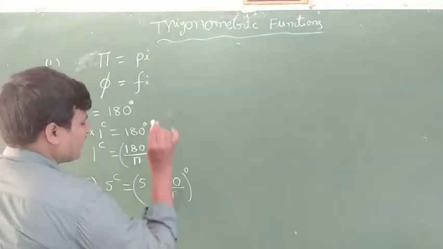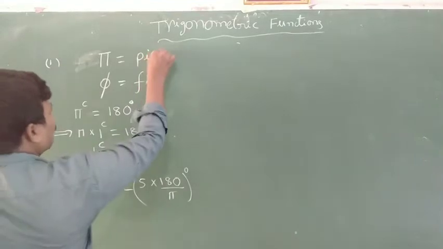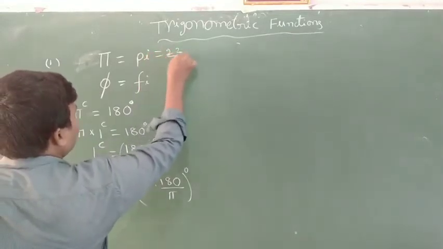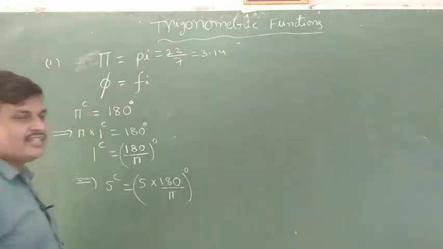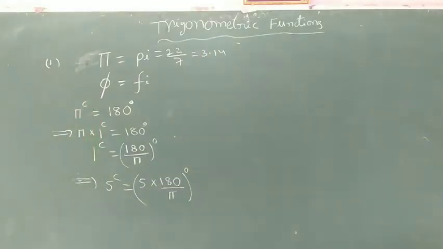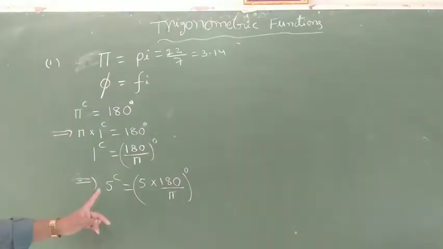We have to calculate; pi is equal to what? 22 by 7, or 3.14. Pi is an irrational number.